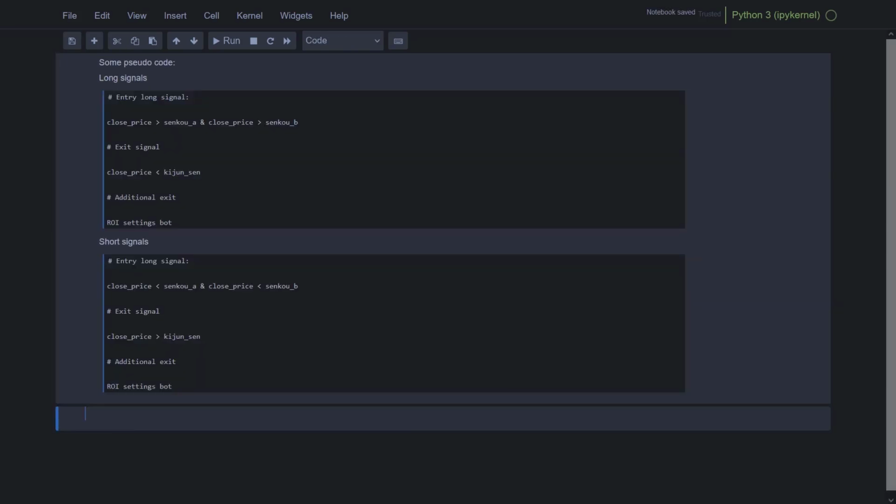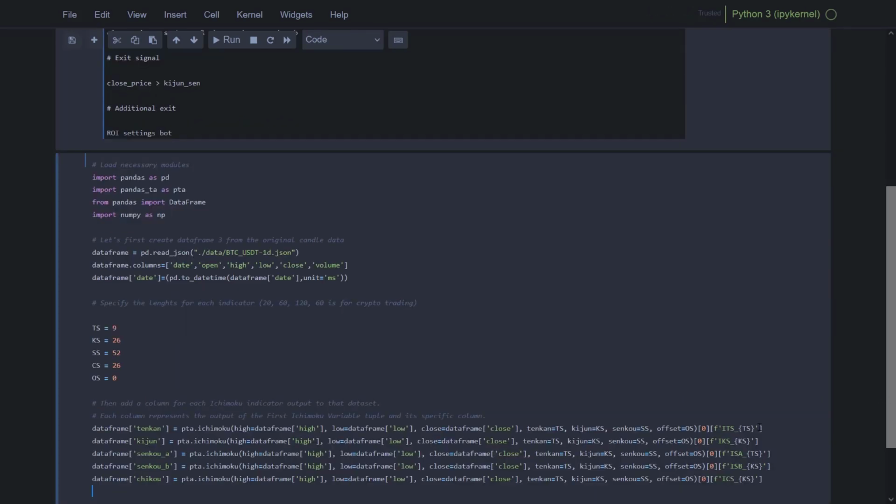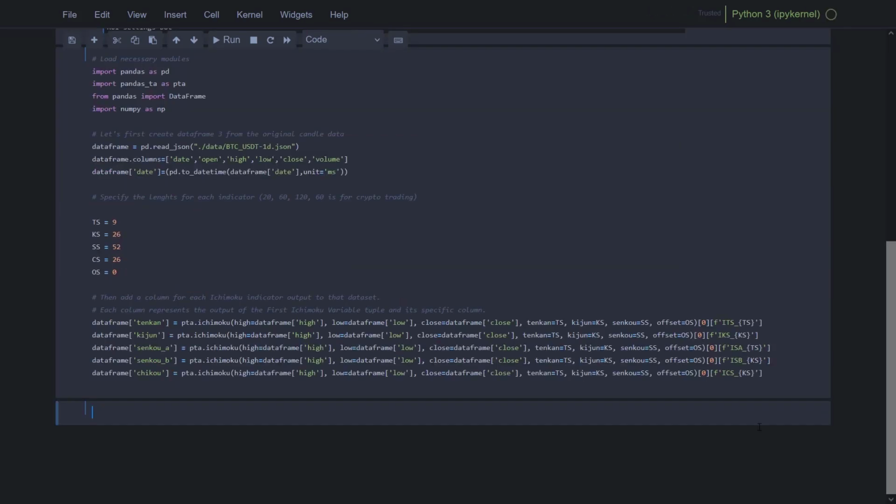In that cell, I'll begin to load data of the crypto pair into a data frame. And I am directly going to use the Ichimoku indicator from the Pandas TA library.